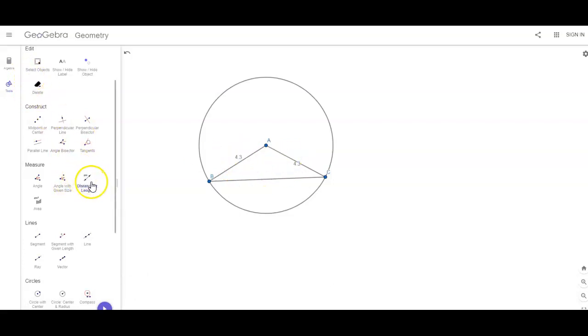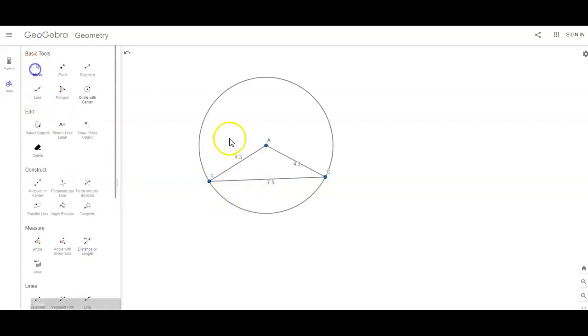And if I measure the third side, it's different. So what you need to know is in a circle, AB and AC are both radii of the circle. And what do we know about all radii of a circle? They are congruent. So to get an isosceles triangle, we use the radii of a circle to get the two congruent sides.